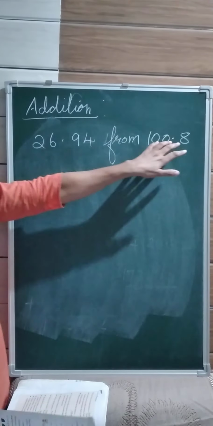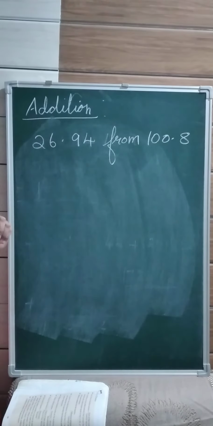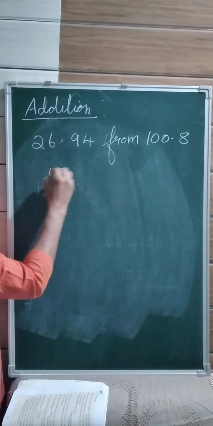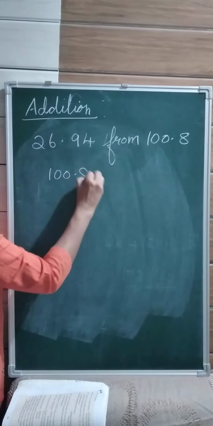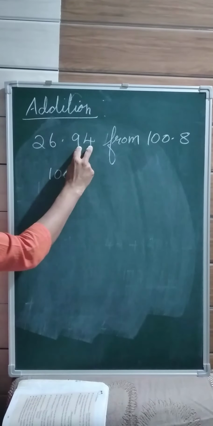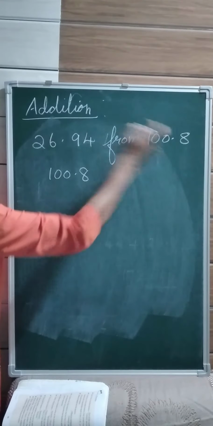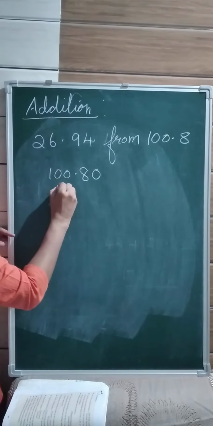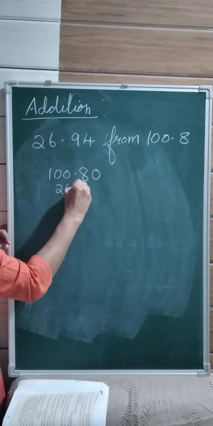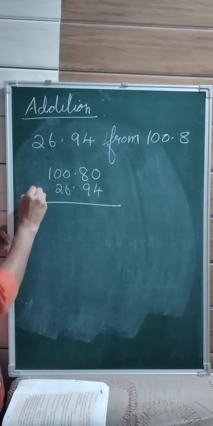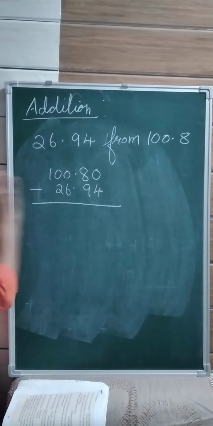From this number, so you have to write this number on the top, 100.8. But see, here 2 digits are there in the decimal place. Here only 1, so you can put 1 0. Then 26.94. So see, these two are like decimals. 2 here, 2 here. Okay.